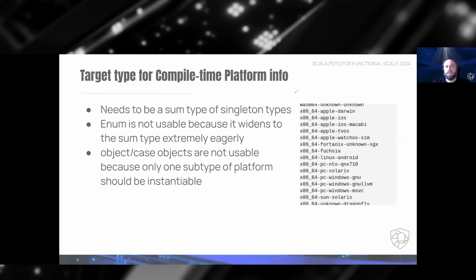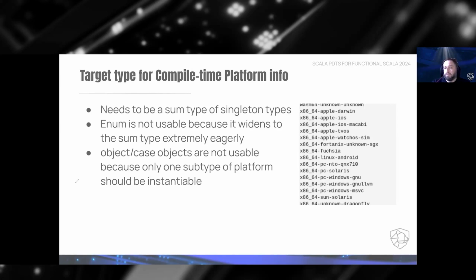For that, we need to define a type that I'm calling Target, after the concept of target triplets that happen in cross-compiled code. This Target type needs to be a sum type of singletons. And so every leaf node in the hierarchy needs to be a singleton.